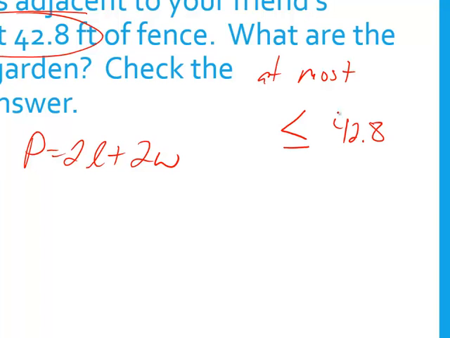Now notice how the inequality is opening towards the number. It's opening towards the 42.8. So in your equation, when you write the 42.8 as your P, as your perimeter, on the left side, the inequality still needs to open towards the number. So it's going to open the opposite direction.